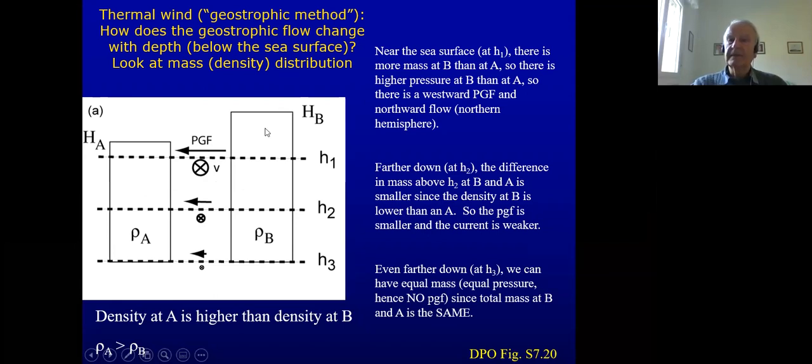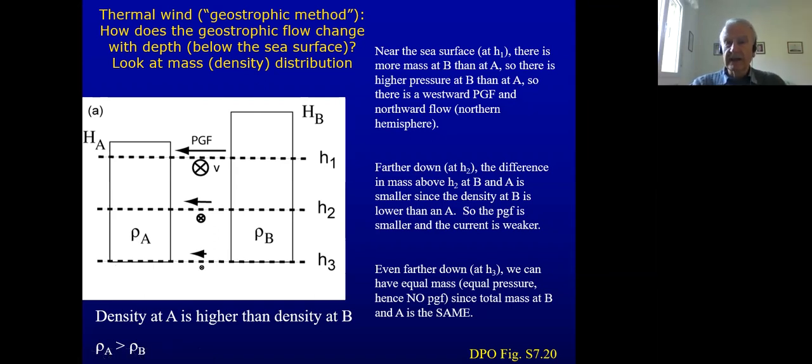The only difference in the pressure gradient force would be due to the different height of the water column, since rho A equals rho B. So in that case, whatever we measure at the surface is the current over the entire water column.